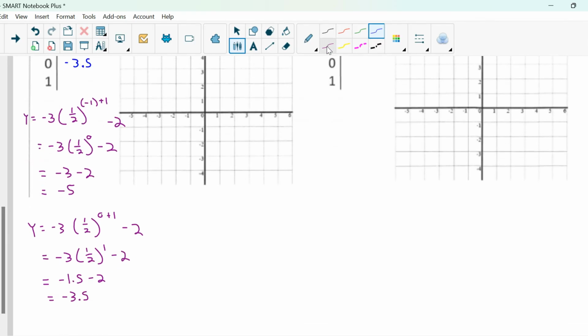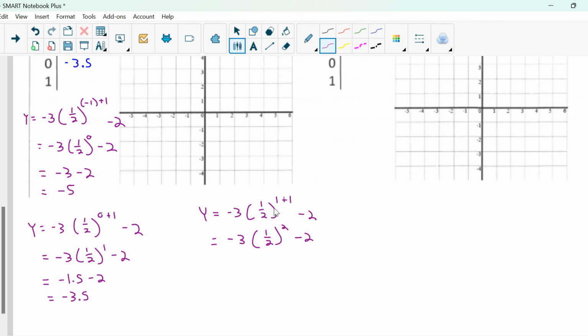All right, our final substitution here. Y equals -3 times 1/2 to the 1 plus 1 power, minus 2, which just equals -3 times 1/2 to the second power, minus 2.